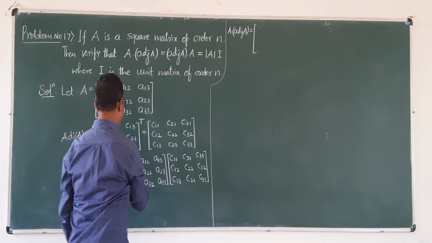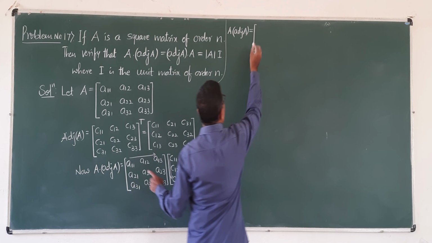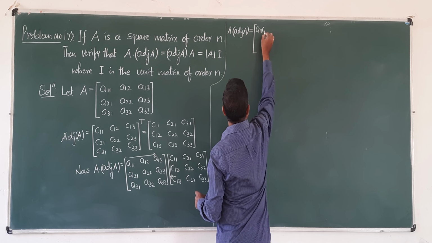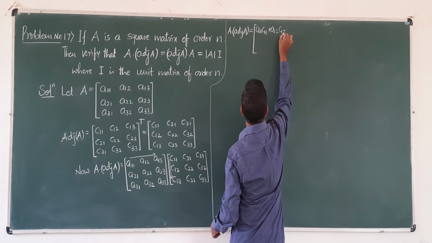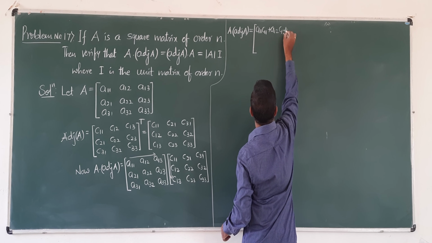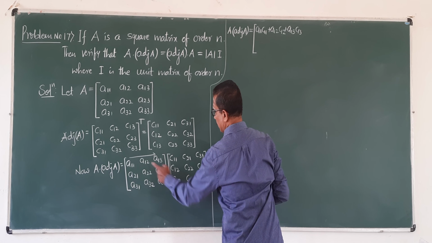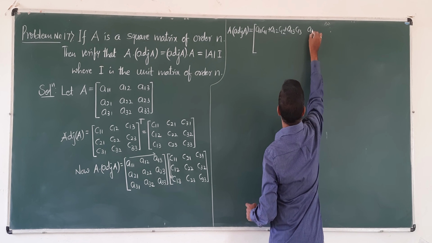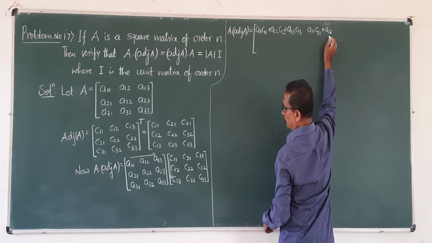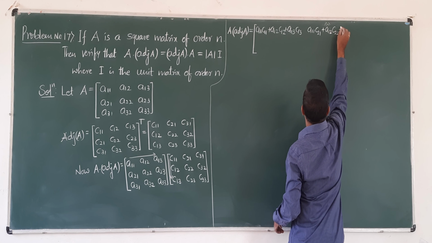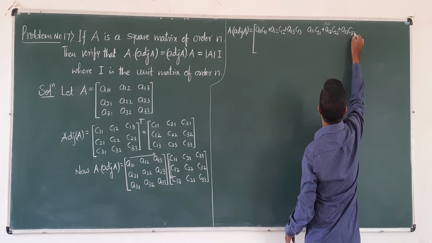How to multiply? Multiply row by column. Multiply first row by first column: A11 with corresponding cofactor C11 plus A12 C12 plus A13 C13. Next, first row by second column: A11 C21 plus A12 C22 plus A13 C23.